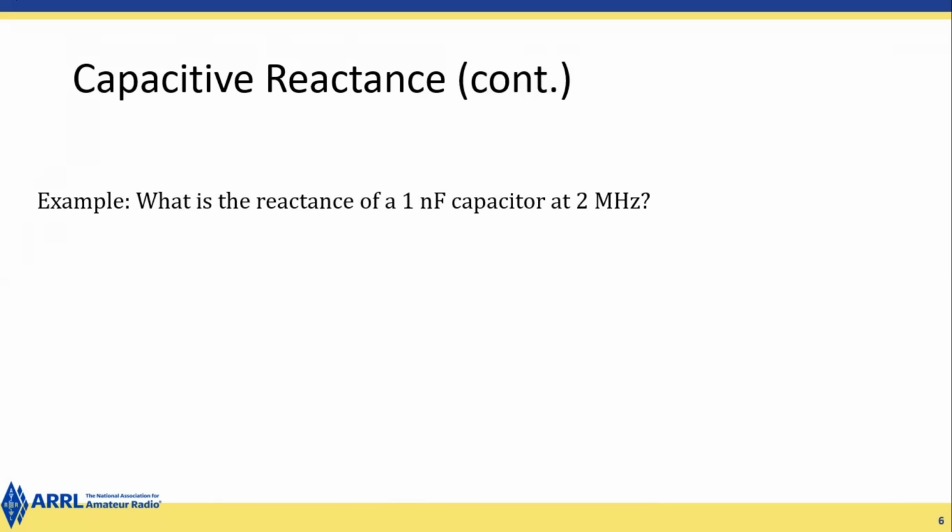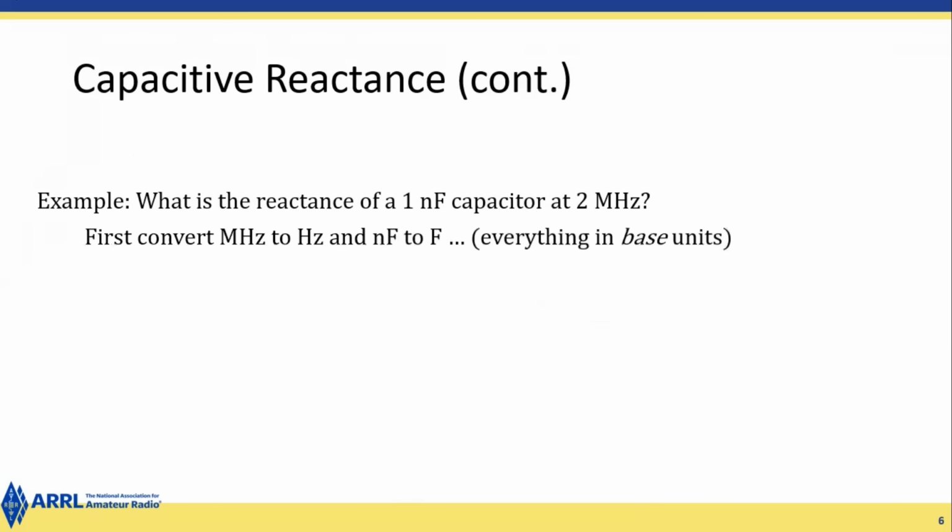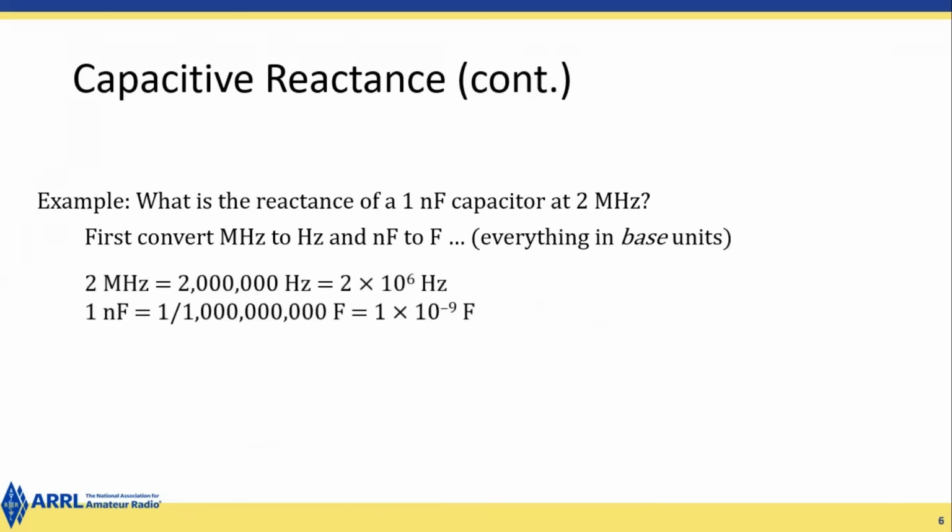What is the reactance of a 1 nanofarad capacitor at 2 megahertz? Well, first we have to convert megahertz to hertz and nanofarads to farads. 2 megahertz is 2 times 10 to the 6 hertz. 1 nanofarad is 1 times 10 to the minus 9 farads. So the equation of capacitive reactance is 1 over 2 pi times the frequency times capacitance.